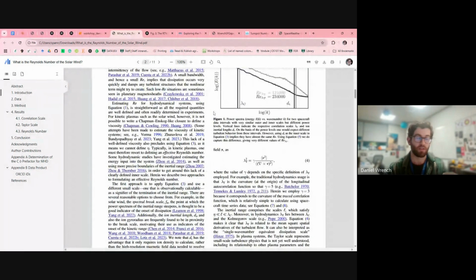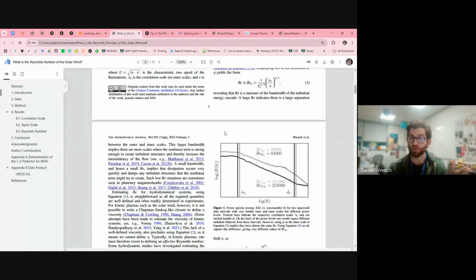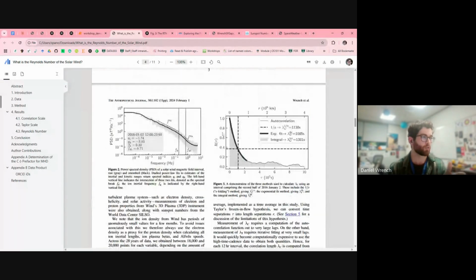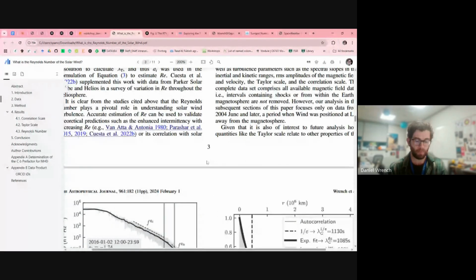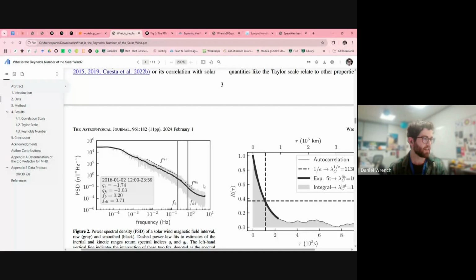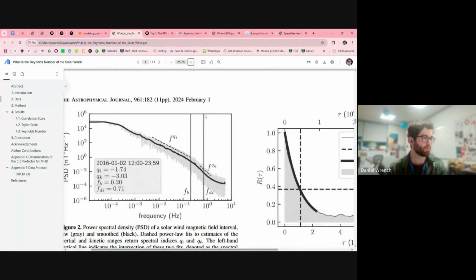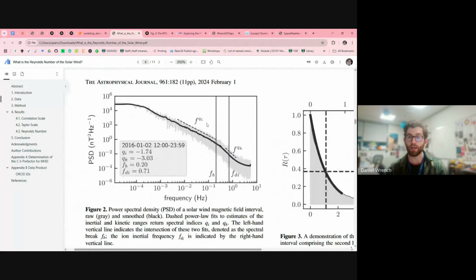So a similar time series analysis we do here is computing power spectra, so looking at the distribution of energy across different scales. And with that, you can see in this figure on the left here, we have that power spectrum, and from that, when we're studying turbulence, we're interested in things like the slope of that power spectrum.